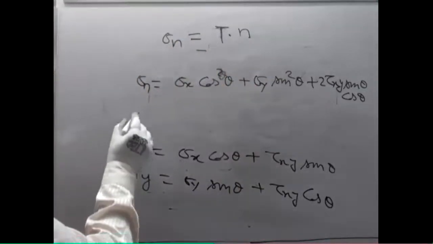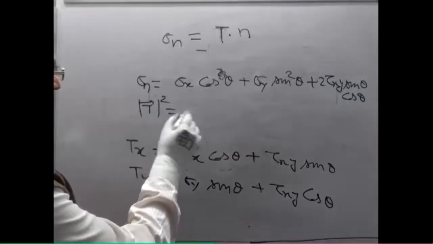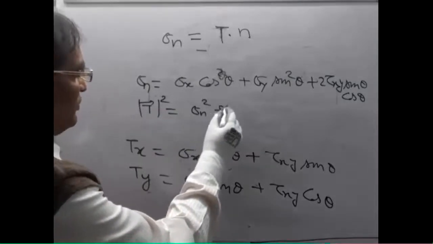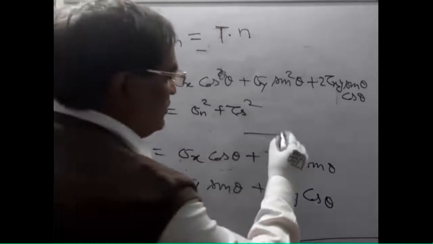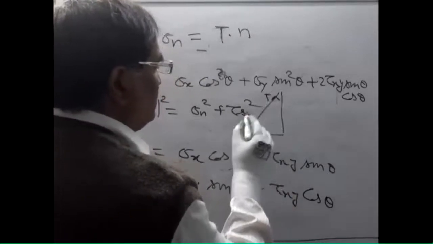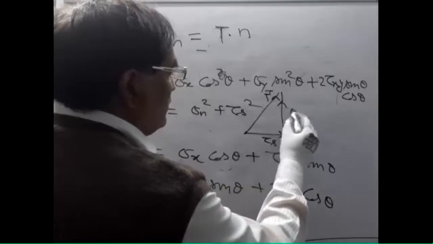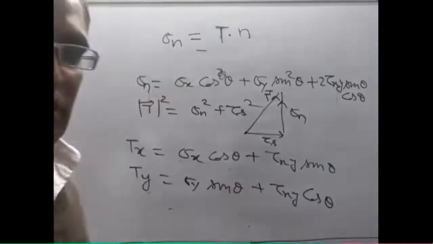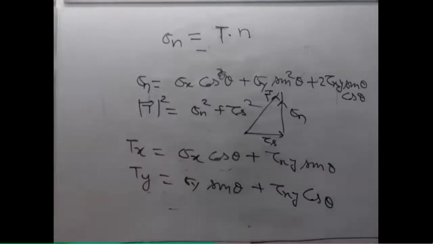And also you know how to find out this sigma n square plus tau s square. This is nothing but the t vector, this is the tau s, and this is the sigma n.